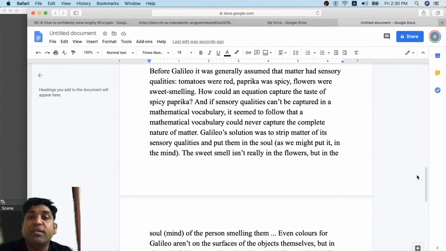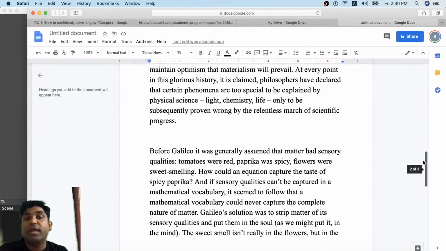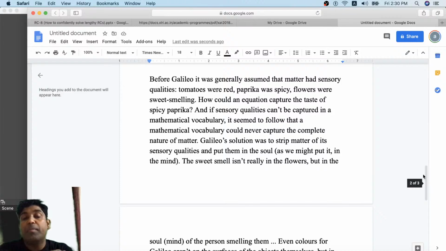Before Galileo, it was generally assumed that matter had sensory qualities. Paprika was spicy. Paprika is your red colored capsicum. Flowers were smelling. How could an equation capture the taste of paprika?